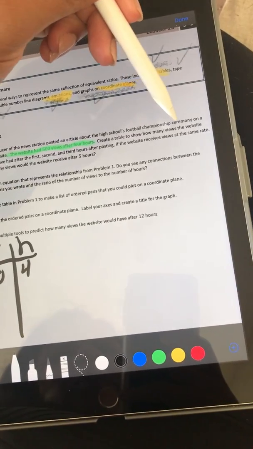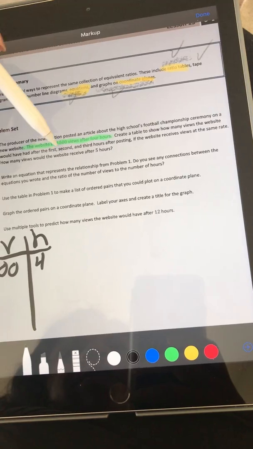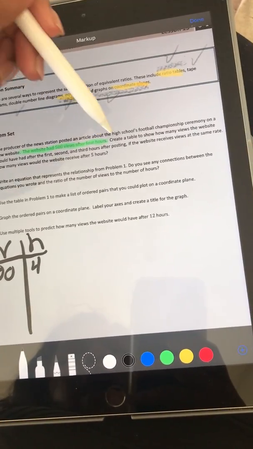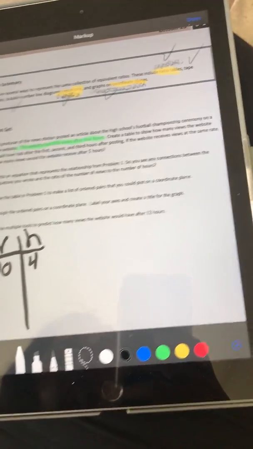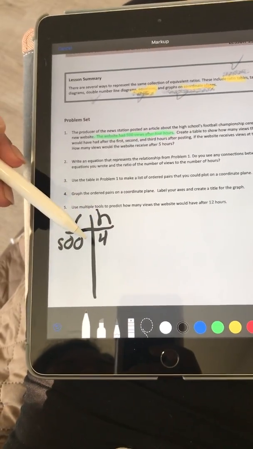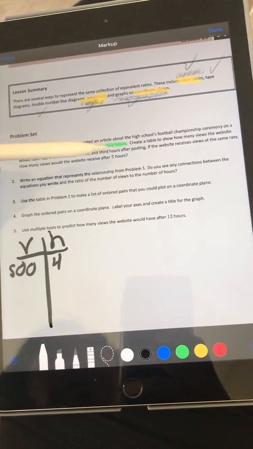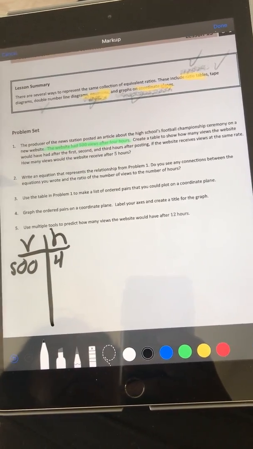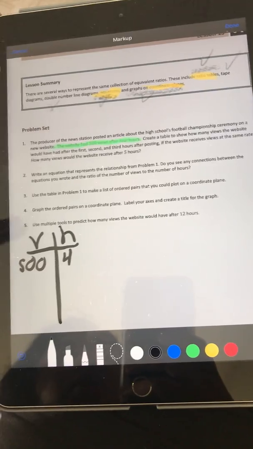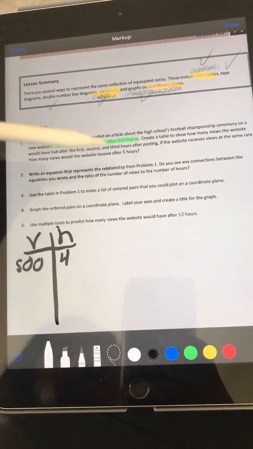To show how many views the website would have had after the first, second, third hours after posting. Oh, so notice we only know that there's 500 views after 4 hours. So let's keep reading. If the website receives views at the same rate, so that means if it's consistently doing the same amount of views per hour, how many views would the website receive after 5 hours?